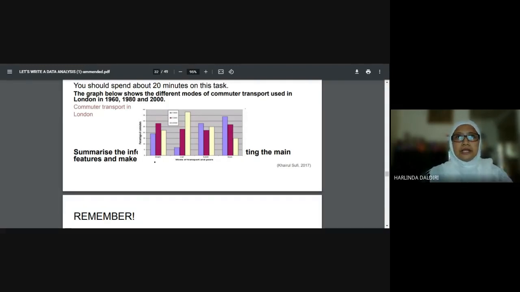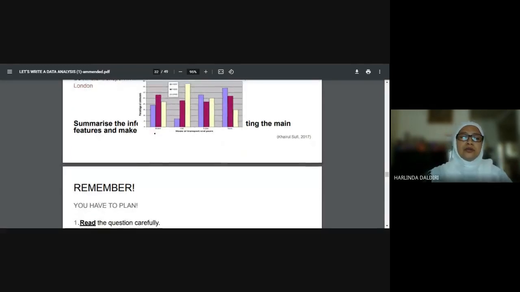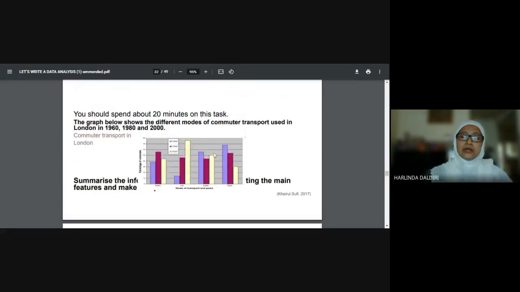Then after you finish, and you want to write your task 1, only then you realize that this is a dynamic bar graph. And then you panic, and you want to change, and the teacher says, time's up, you have to submit. If not, your paper will not be graded or you don't have any band. So please read and analyze.